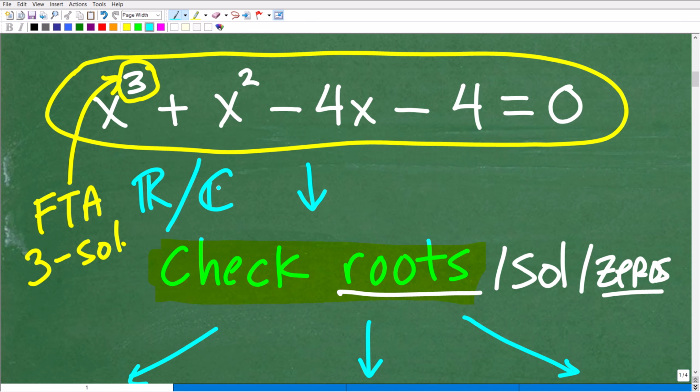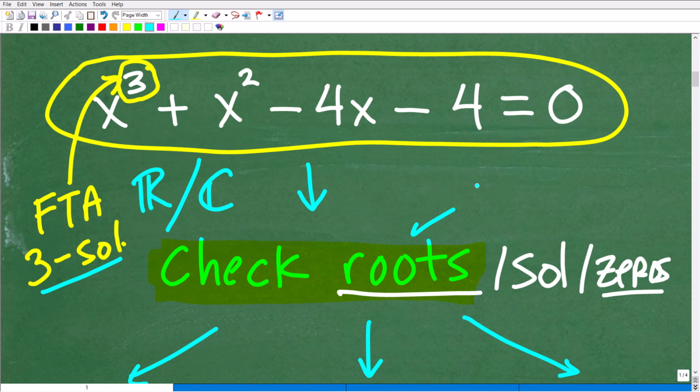Now, we're talking about a lot of different subtopics when we are discussing solving polynomial equations, but these are just some things that should come to mind for all of you out there. Okay, I've got a polynomial equation, third degree, I know I have 3 solutions.